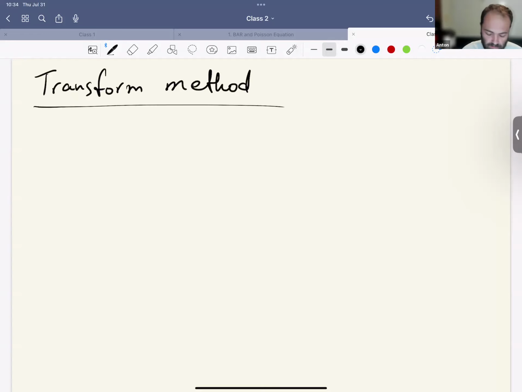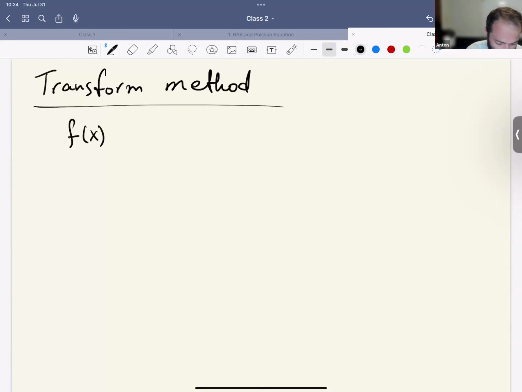It's called the transform method. The idea here is if we use a polynomial Lyapunov or test function, we can get something about the moments, but is there a test function that will give us information about the entire distribution? And the answer is yes.